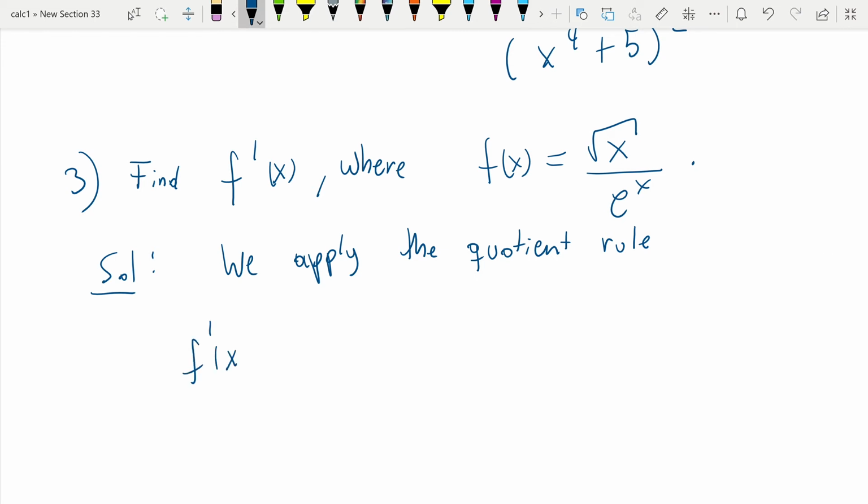So that f prime of x will be the function at the top, square root of x prime, times e to the x, minus the square root of x, just like that, times e to the x prime.